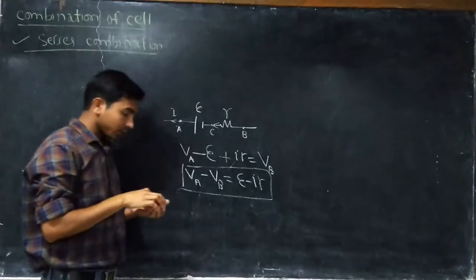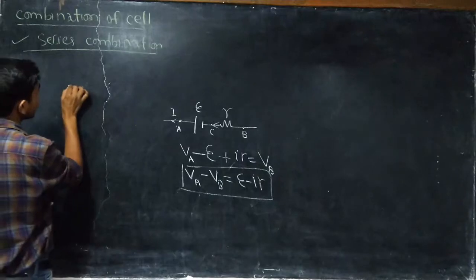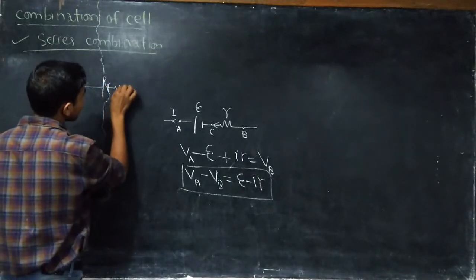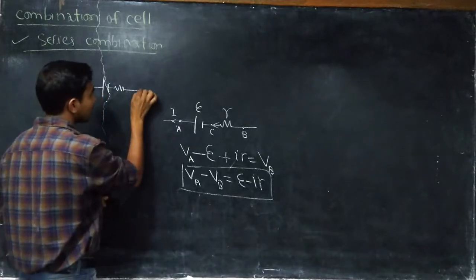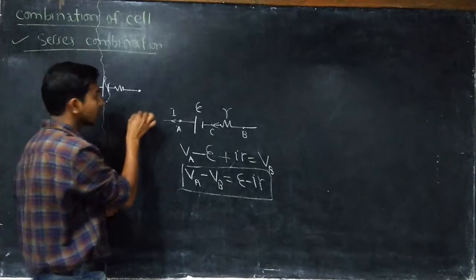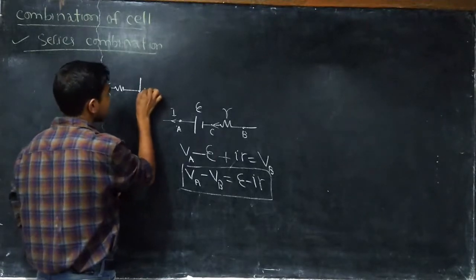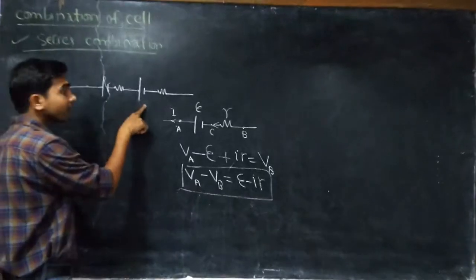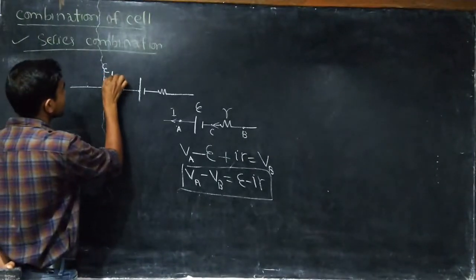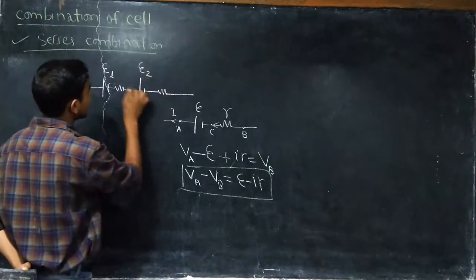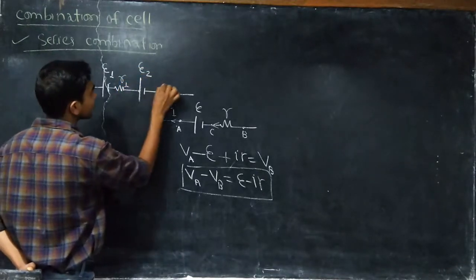Okay. So in series, suppose this is your battery. This is one cell, and another cell is also connected to this cell, like this. You can see here, this is your first cell, this is your second cell. EMF of this one is E1, EMF of this one is E2, and this is R1, this is R2.